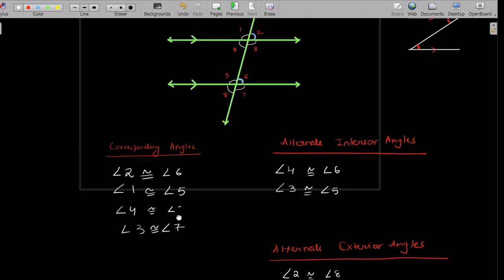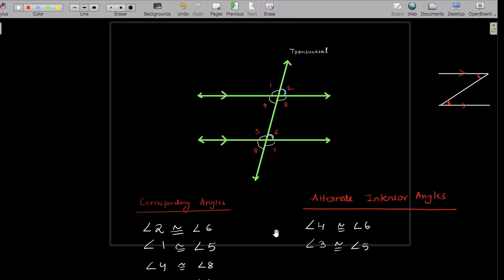Then there is a final pair which is called angles on the same side of a transversal. So for example, angle 3 and angle 6.